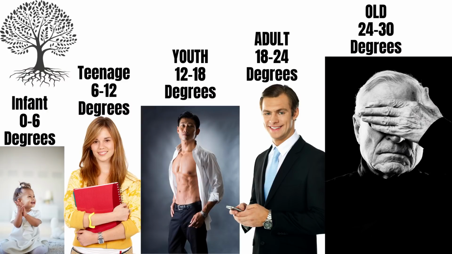For example, if your ascendant is in the teenage category, placed at 6 to 12 degrees, but your ascendant lord is in the youthful category from 12 to 18, then we can say that no matter how you try to control life, or the potential with which you are born, with the passage of time you will definitely grow, you will mature, and you will put forth your best efforts to fulfill your purpose in this lifetime.